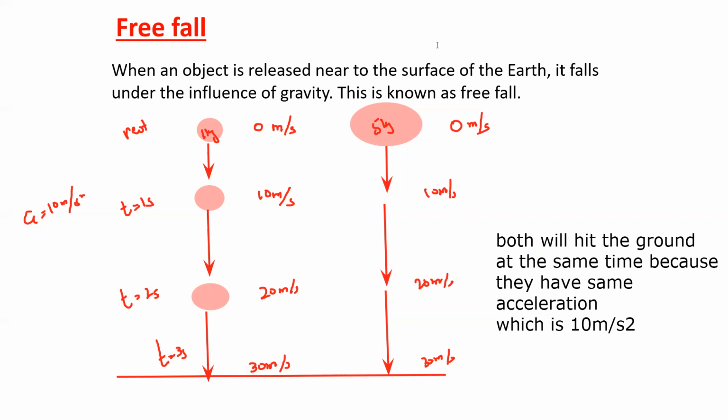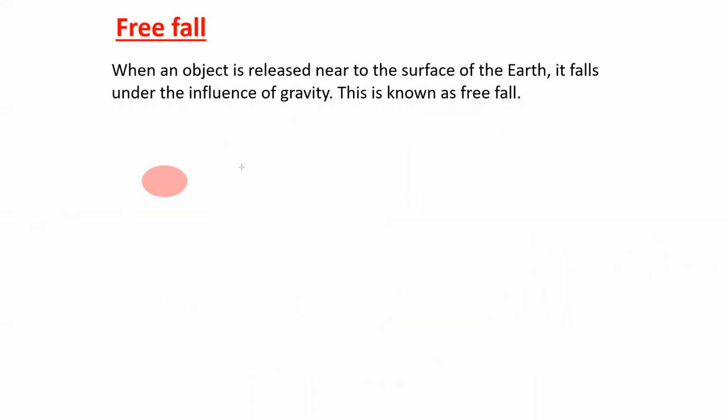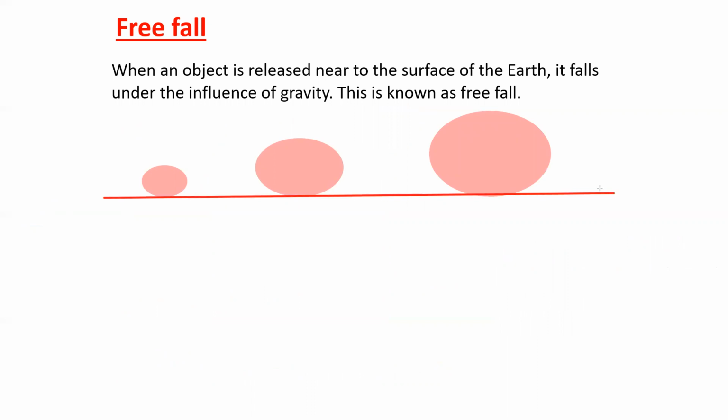So if I have three different objects, I have 1 kilogram object, I have 5 kilogram object, and I have 10 kilogram object. Even the masses are different. Look, when I try to work out the acceleration, that's the mass.